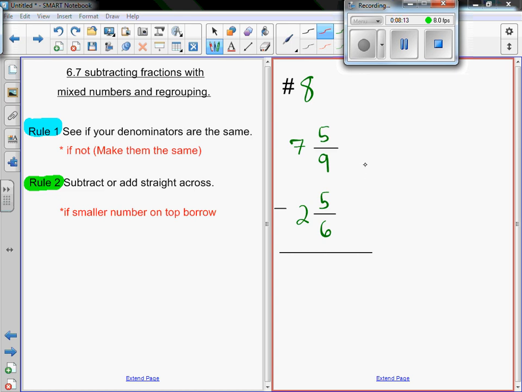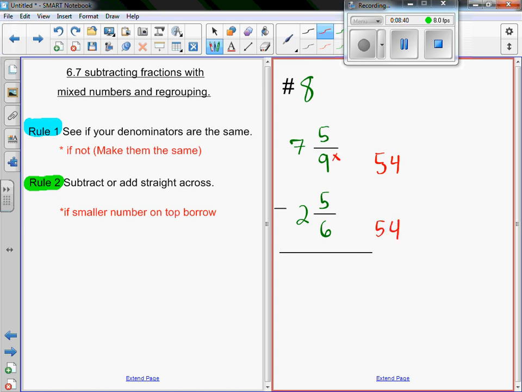Here's number 8. Step number 1, see if my denominator is the same, 9 and 6. They're not the same, so I need to make them the same. To make them the same, I need to find a number they can both go into. In this case, it's going to be a very big number, 50, sorry, not 56, 54. So they're both going to become 54.